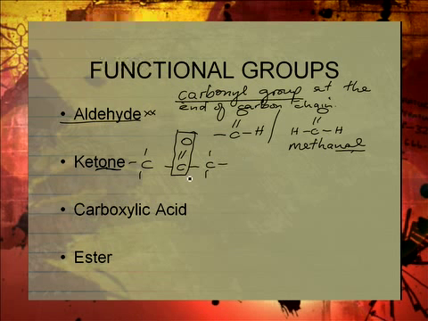Now, how do we name ketones? You can see immediately that we cannot have a ketone from meth or from eth, because you need to have at least 3 carbon atoms to have a ketone. So for that reason, you'll start from prop or propane, something with 3 carbon atoms.